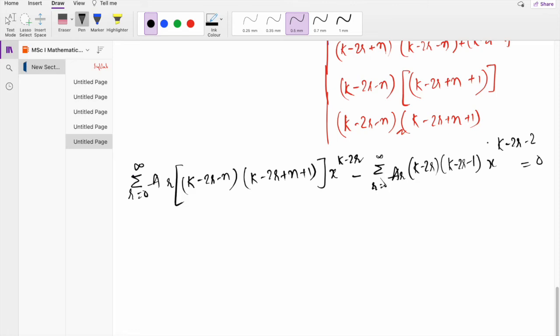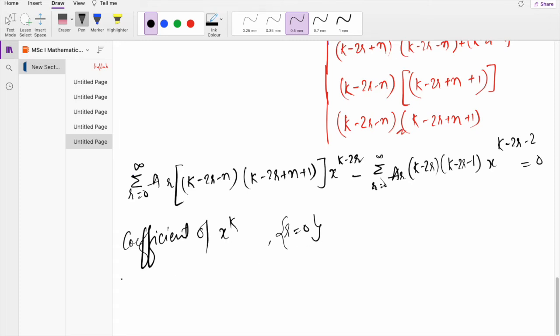So if I take the coefficient of x to the power k, this is possible only when r is 0 in this term. If I put r equals 0 here, this will give me a0 x to the power k.